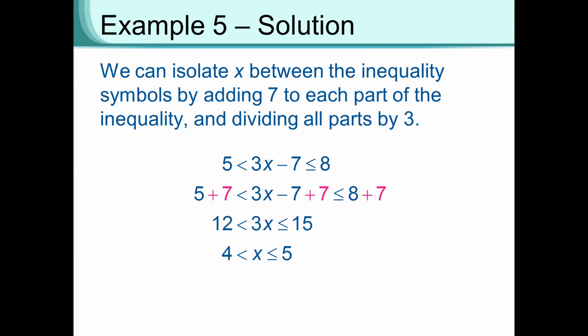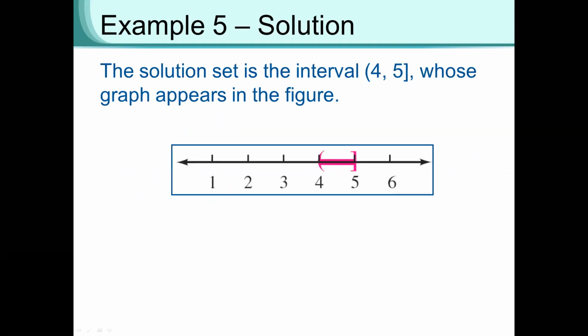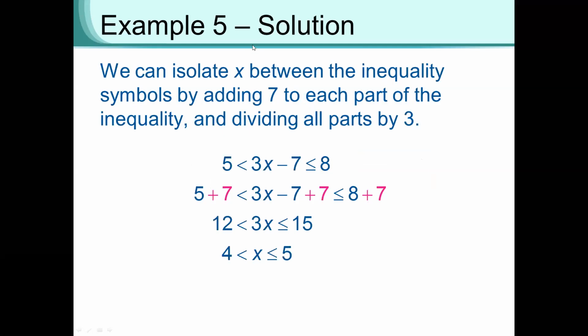The first thing I need to get rid of is this negative 7. Sorry, I thought I was on the pen and I'm not. So to get rid of that, we add 7.